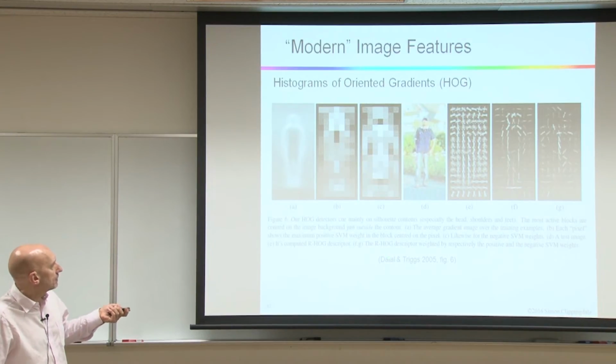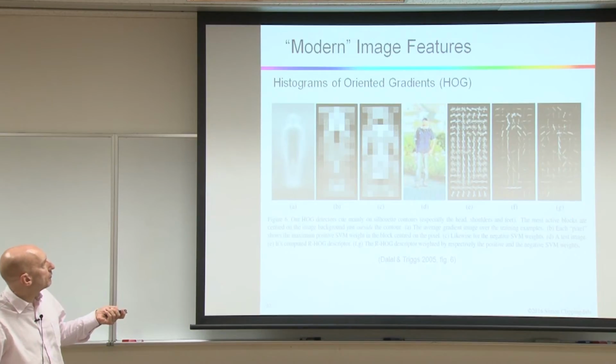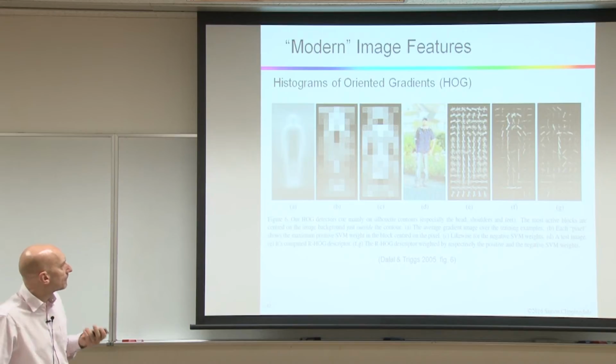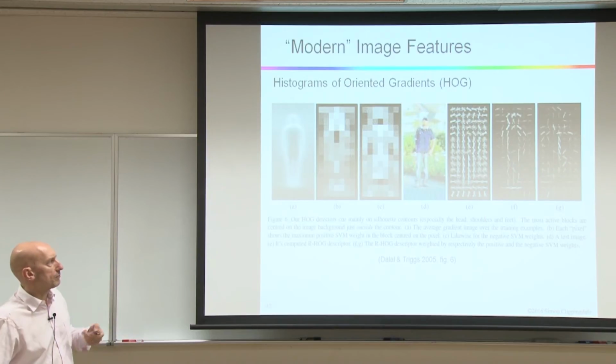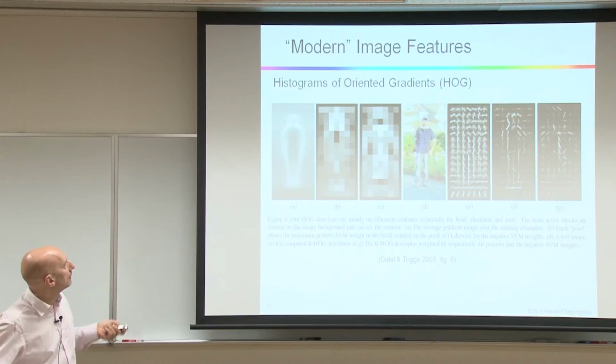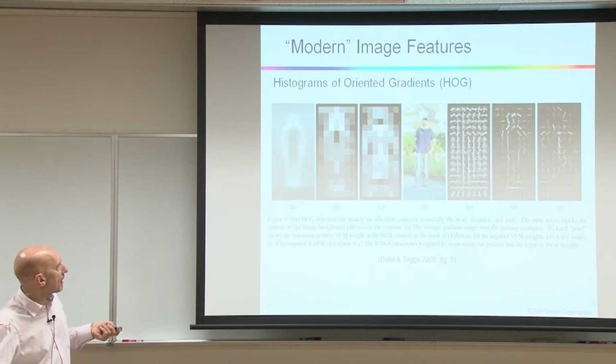This is from the Dalal and Triggs 2005 paper, which was the main one where this was first published. So this is an average gradient over all the training examples. Their training examples are a load of pictures of people like this. Average gradient looks like that.